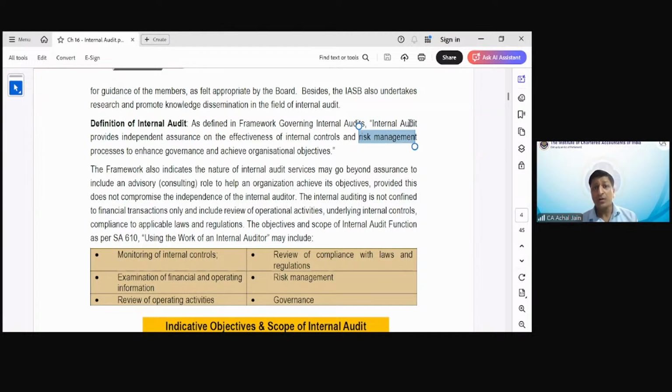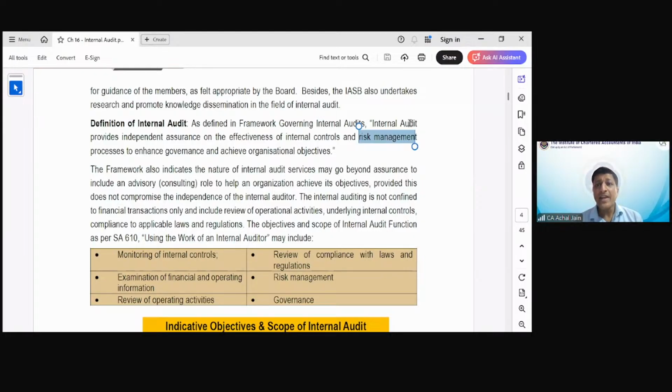Okay, so there has to be an auditor who will audit the entity in all respects. So for an entity, for a lot of its activities to function in an appropriate manner, for all of its compliances to be running in accordance with the various laws and regulations applicable to it, what is important? A system has to be there.